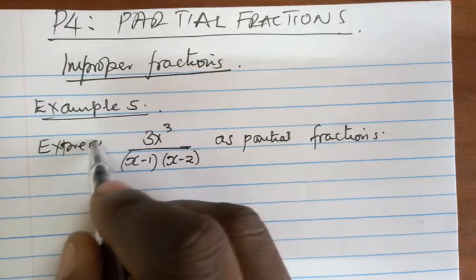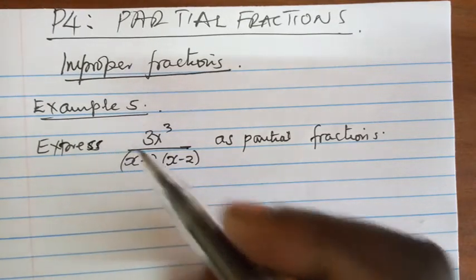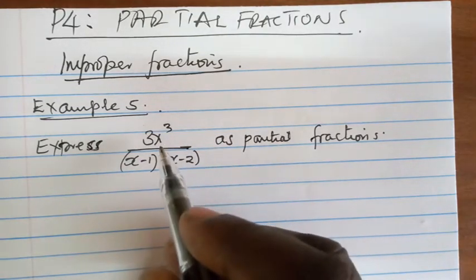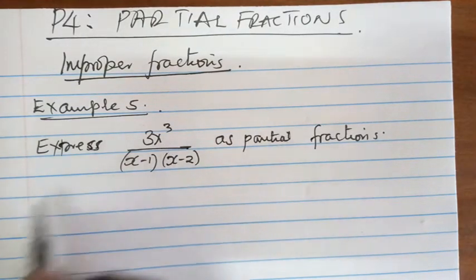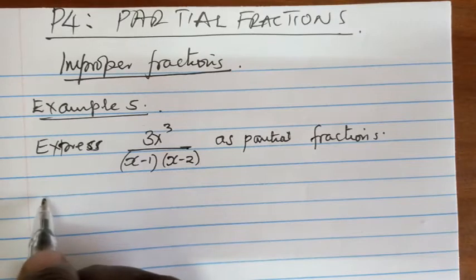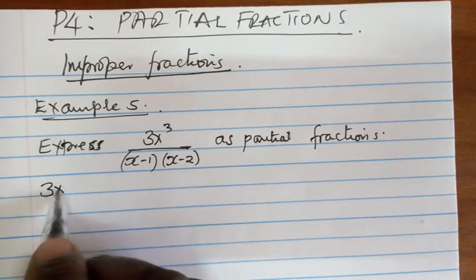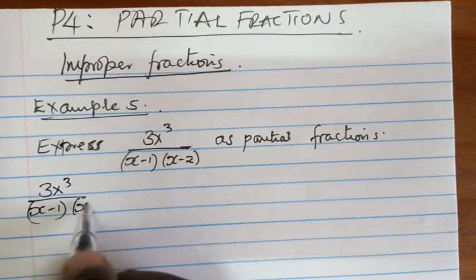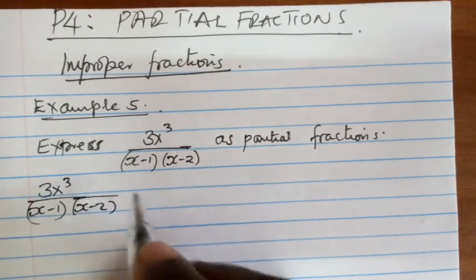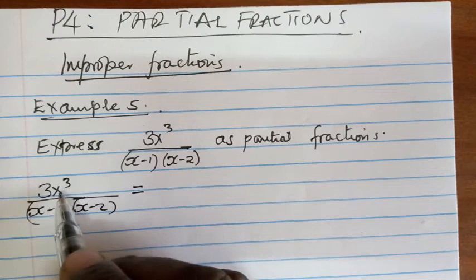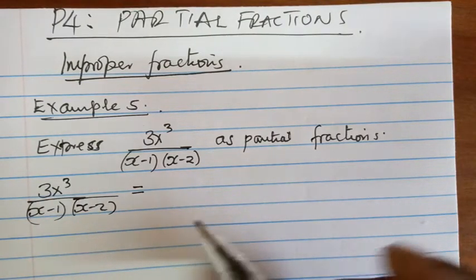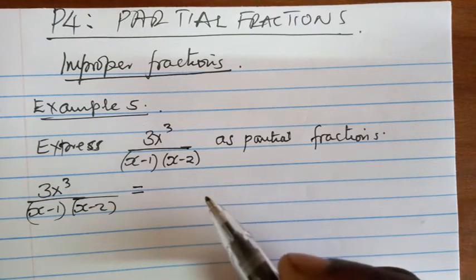Well, I think what we need to understand is that we can already rewrite this one. If we just get 3x cubed all over (x minus 1)(x minus 2), x cubed divided by x squared is an x.